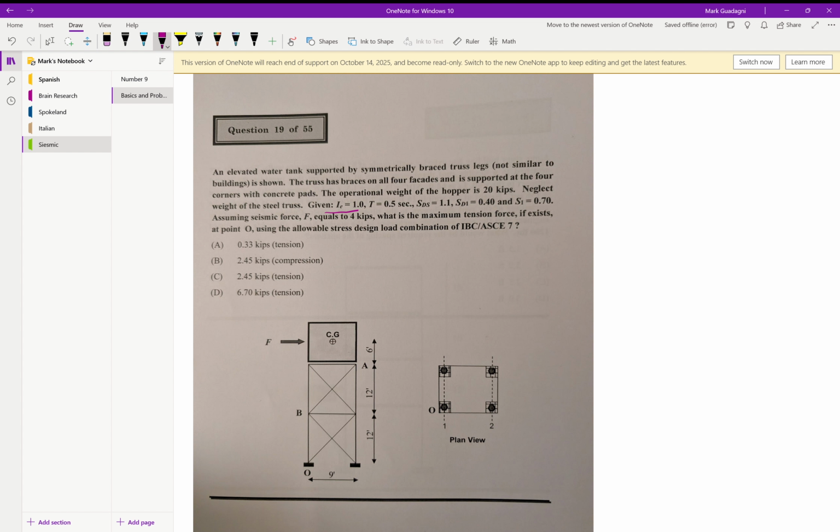So the tension at point O is going to be a function of two things that we mentioned before. There's going to be a vertical force, and there's going to be a seismic force. Luckily, they already gave us the seismic force.